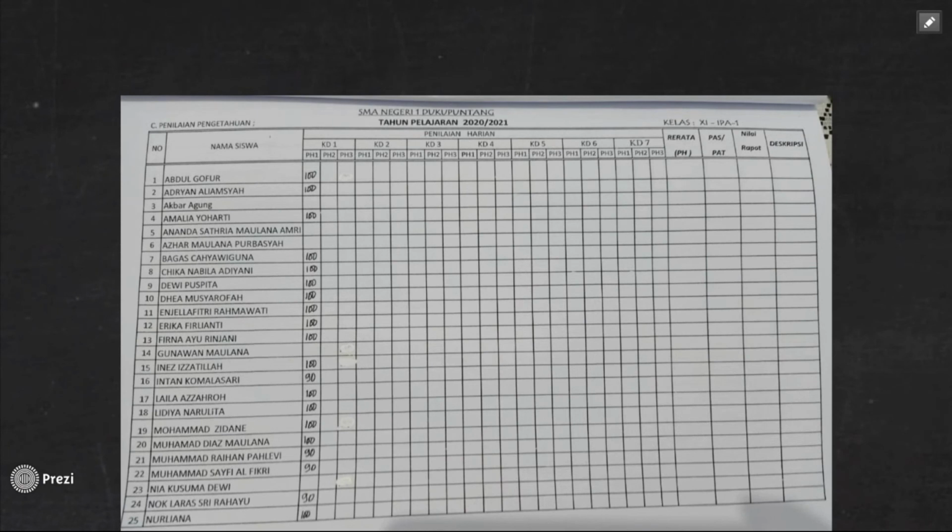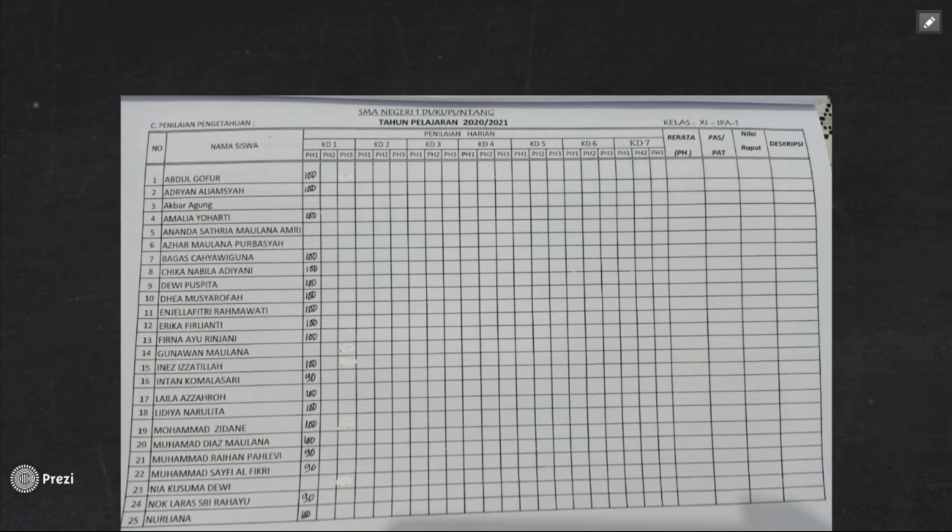As we see here, the format of the knowledge assessment rubric from SMAN 1 Duku Puntang has some cumulative daily assessments.